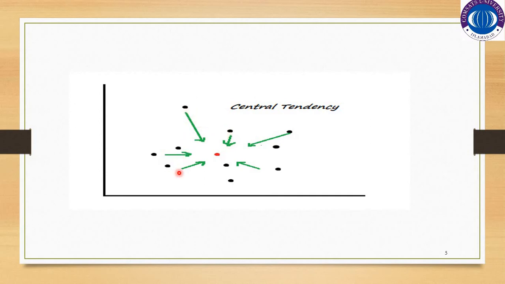So if you are asked how to represent this data set in a single value, this red dot represents the whole data set, as this is the center of the data, and the concentration of the data lies on this particular point. So this is the central tendency on which the whole data set relies. Basically this point is representing the whole data set.